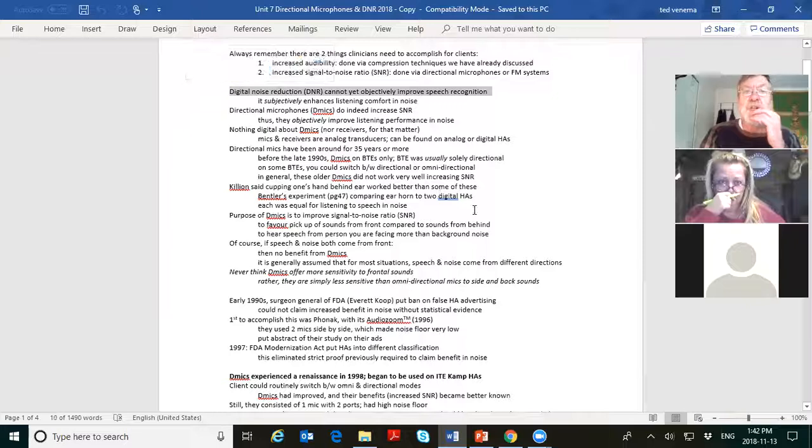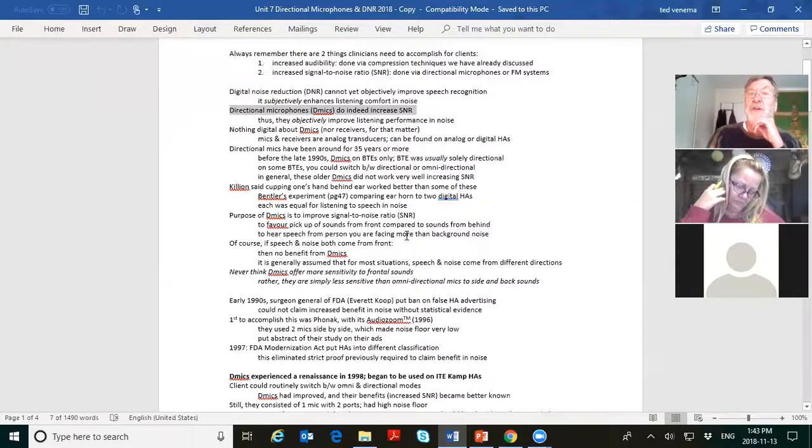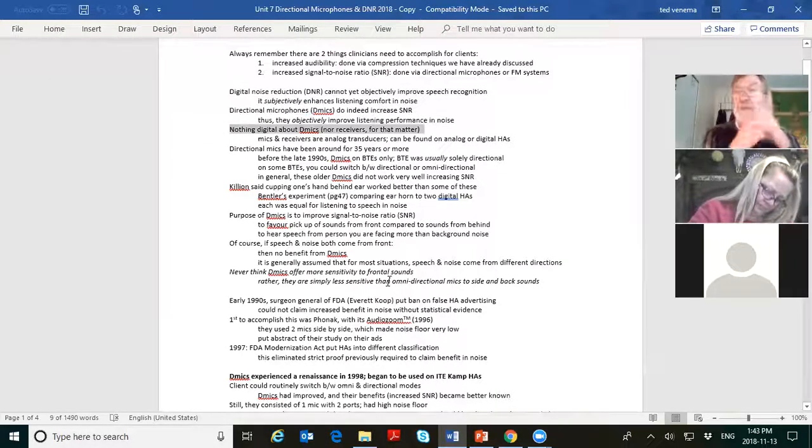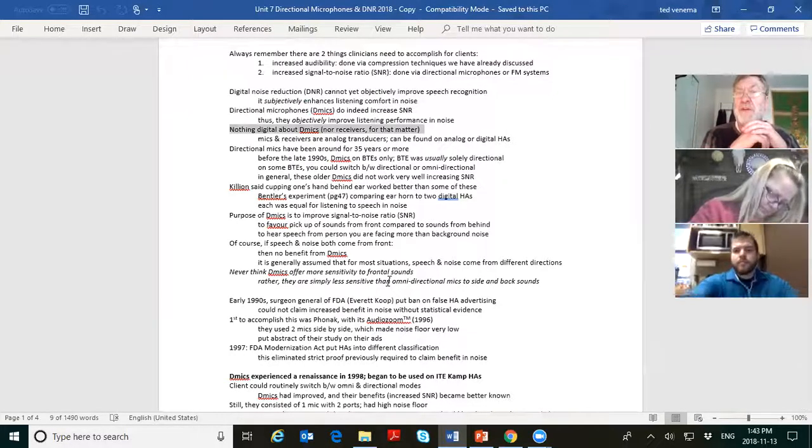Digital noise reduction cannot yet objectively improve speech recognition. It subjectively enhances listening comfort in noise. D-mics do improve signal-to-noise ratio, therefore they objectively improve listening in noise. There's nothing digital about D-mics, by the way. There ain't nothing digital about directional mics.